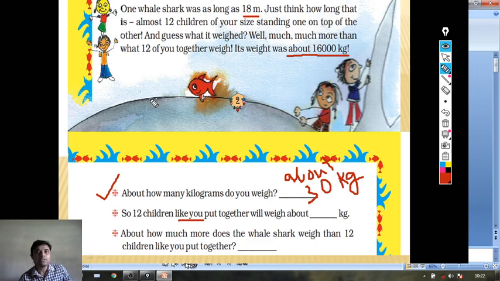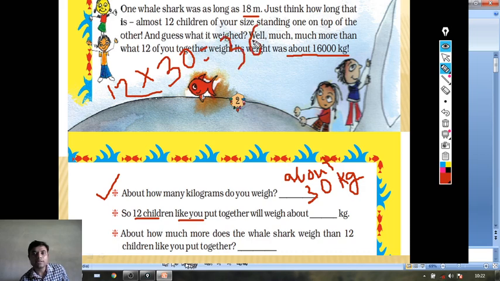Yes, I know that you know how to find the weight of 12 children. So what will we do? Multiply. So 12 multiplied by 30. What will be the answer? 360.